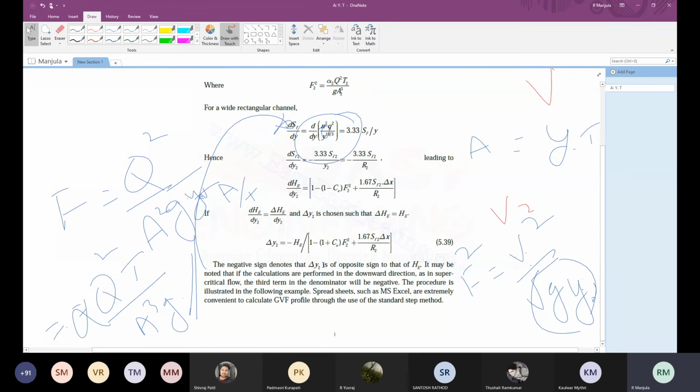The negative sign denotes that delta y2 is of opposite sign to that of HE. So between the energy losses, delta y2 is of negative sign. If the calculations are performed in the downward direction, as in the case of supercritical flow, the third term in the denominator will be negative. You can see the same procedure in the example, then it will be more clear.